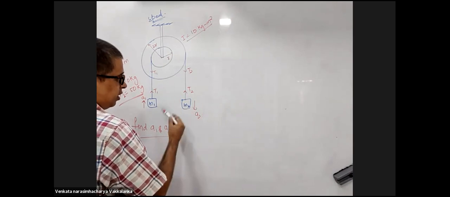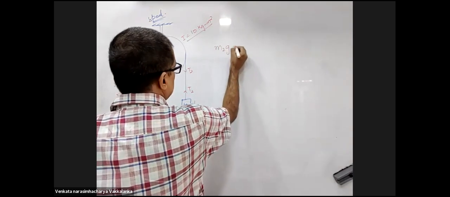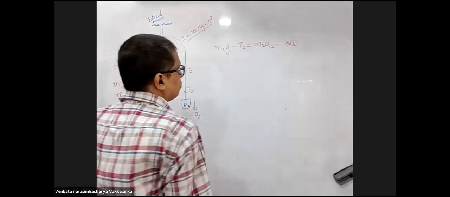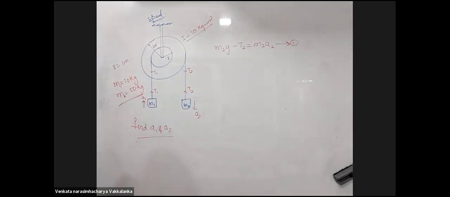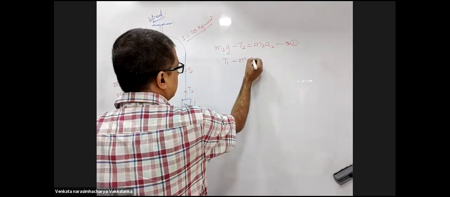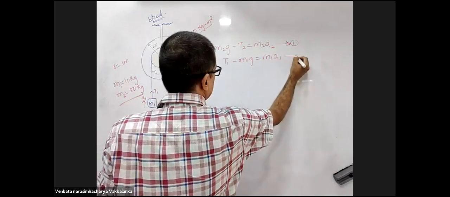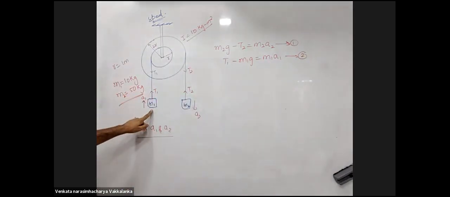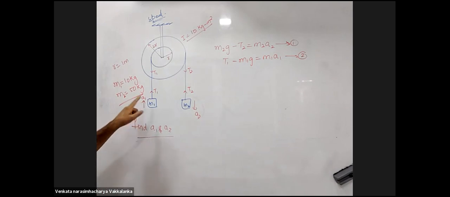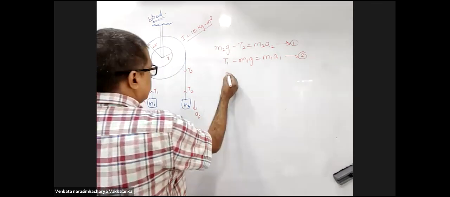First translational dynamic equation is M2g minus T2 is M2 into A2. Second translational dynamic equation, T1 minus M1g is M1 into A1. I believe nobody has an issue with translational dynamic equations and rotational dynamic equations.